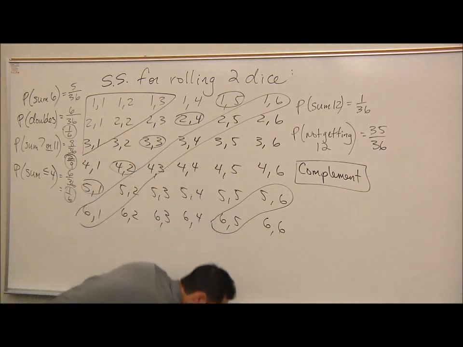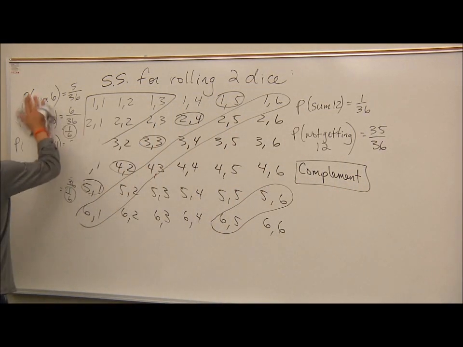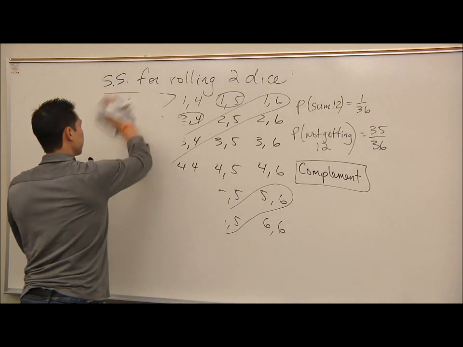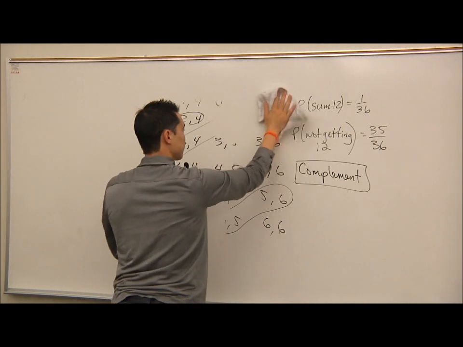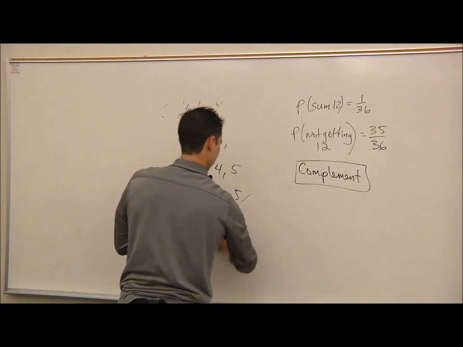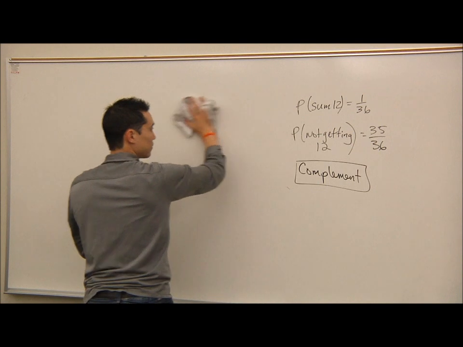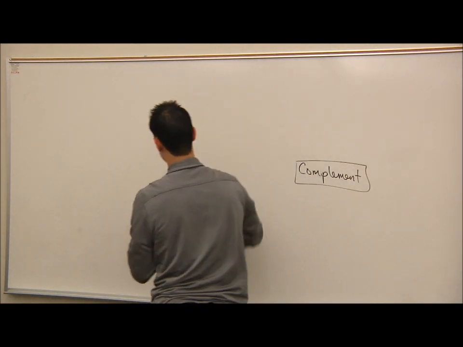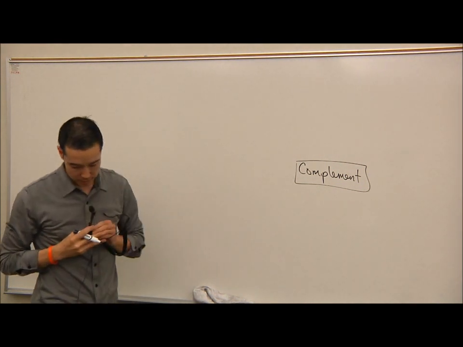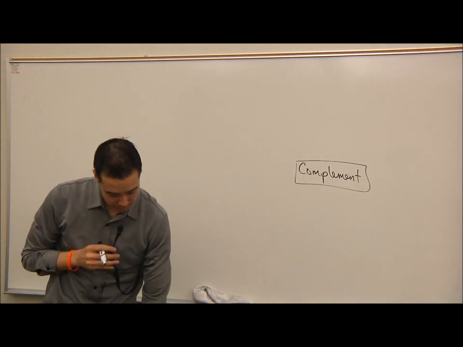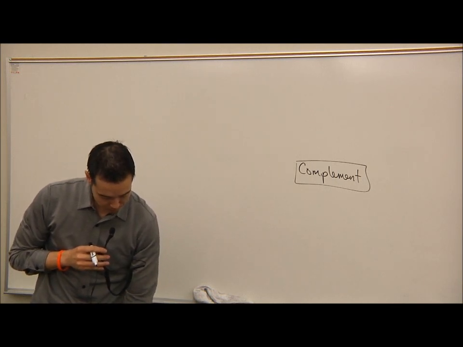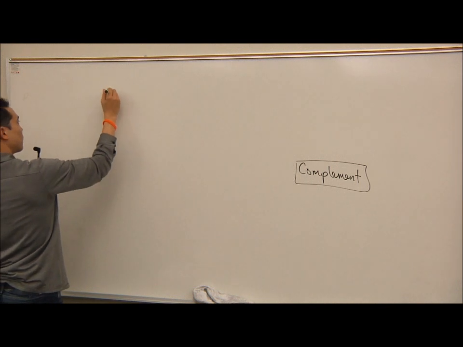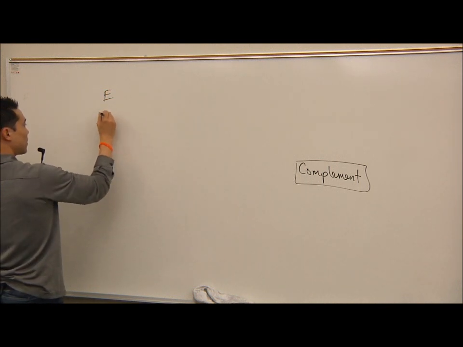Okay? So I'm going to erase my big sample space. And I want to define the complement. There's a couple of ways to define this. If we have E, then the complement, E complement, looks like that.